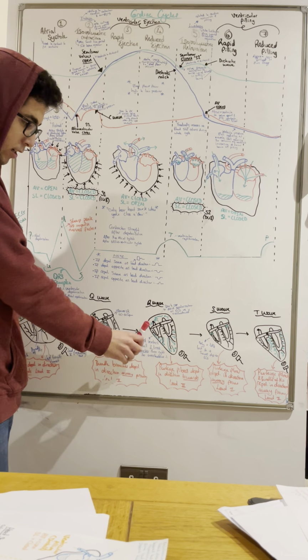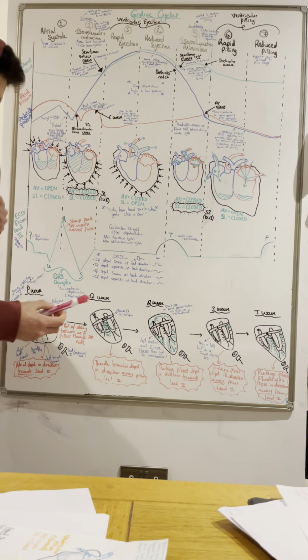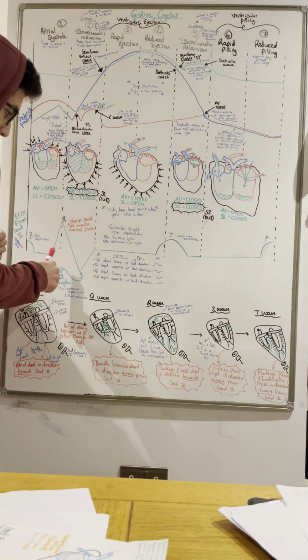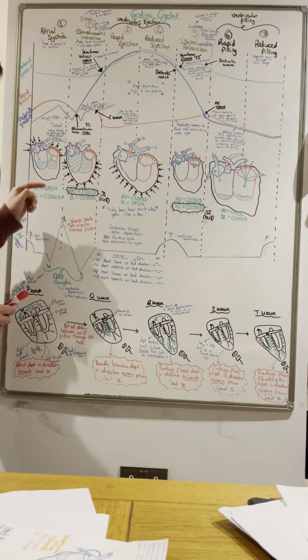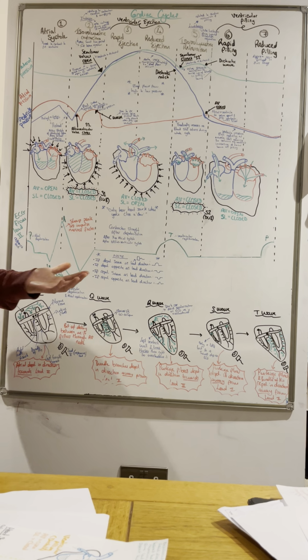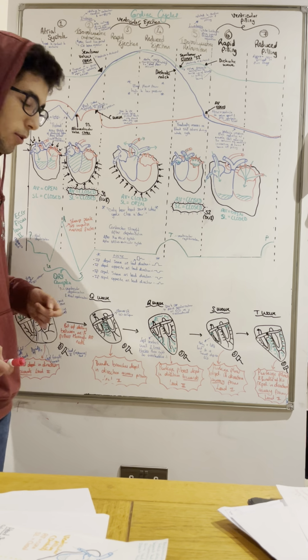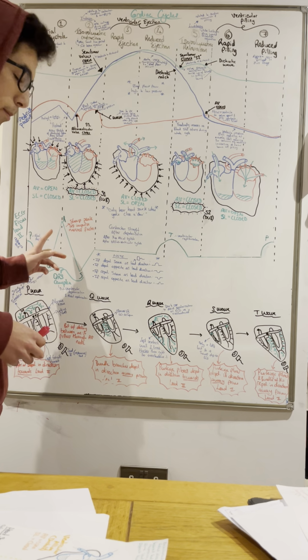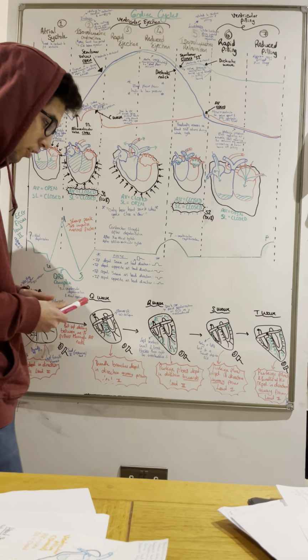Because the atria are smaller in comparison to the ventricles, we're not going to see it as much. And even if we did, it's the same direction, so it's still going to be a peak up. So we're just not going to see it. Maybe if there was no ventricular depolarization, I imagine you'd see the atrial repolarization, but again, you're not going to see it on the ECG.